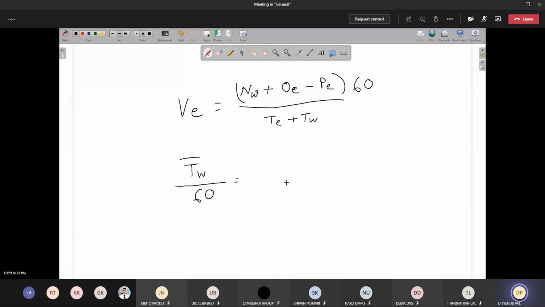This is nothing but equal to the total vehicles that have crossed in the west direction when we have taken the time TW. What was the total vehicles? That was OW minus PW. And what was the volume? Volume was VW.